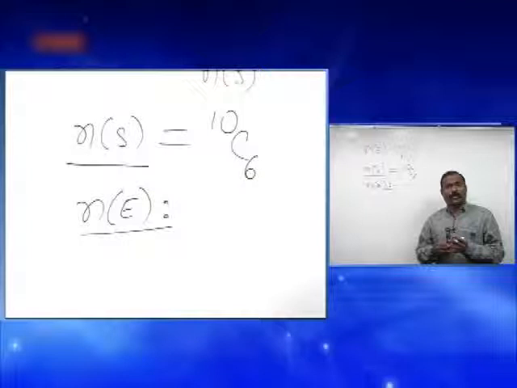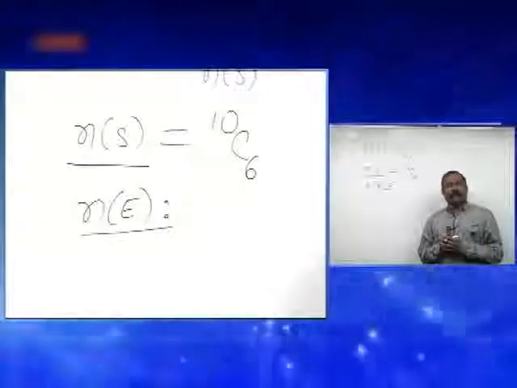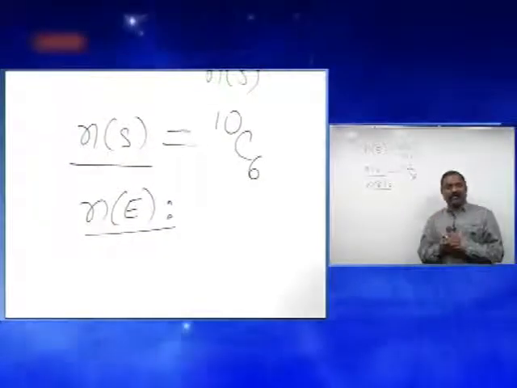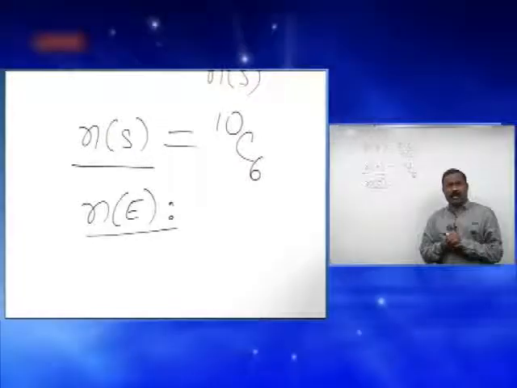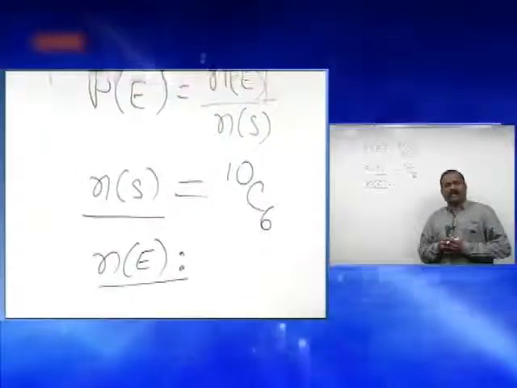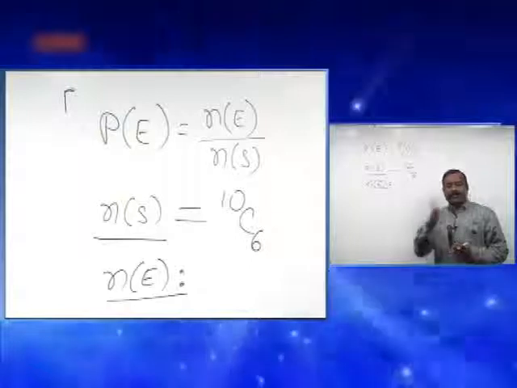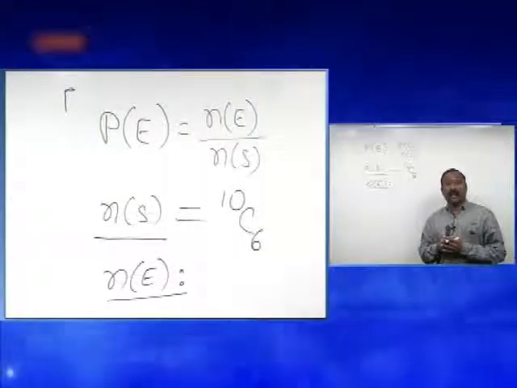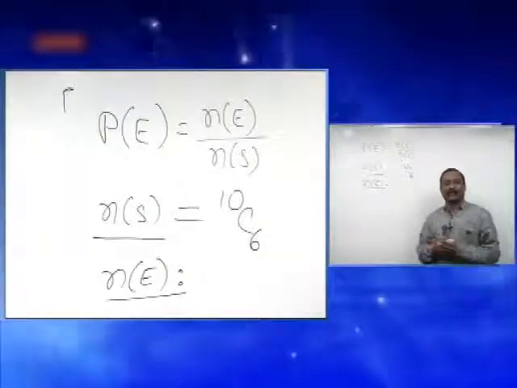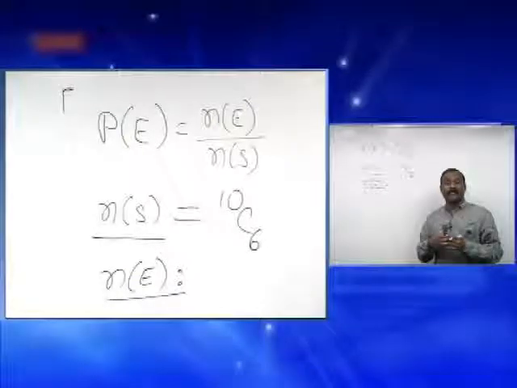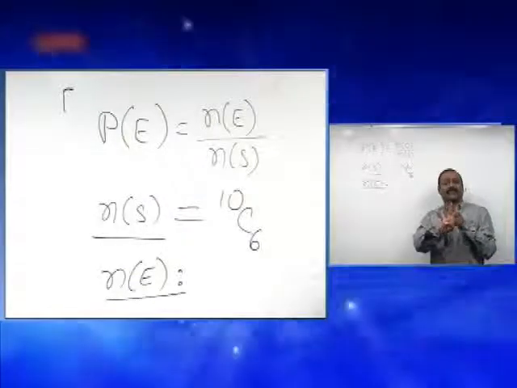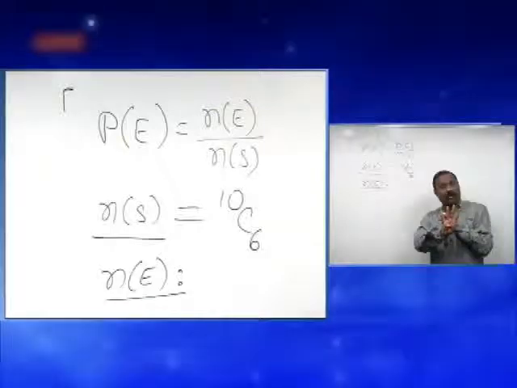6 articles are chosen, and the restriction there is, if more than 2 articles are defective, then the entire consignment will be rejected. So we need the probability for the consignment to be rejected. So let us take the total number of defective articles: 4. 1, 2, 3, 4 are there.